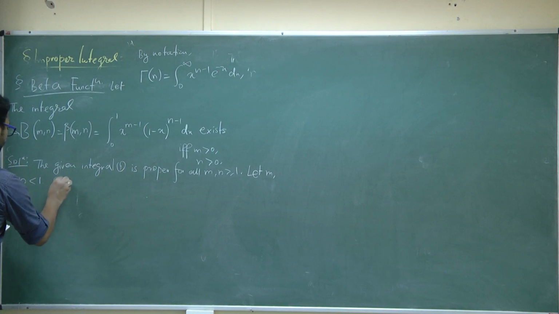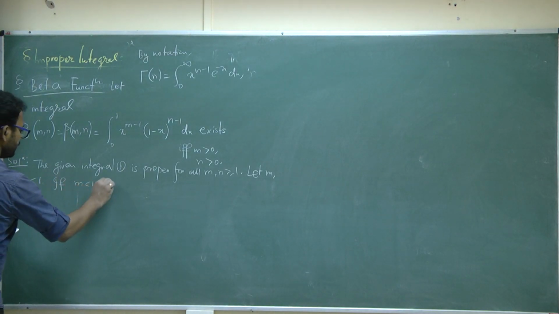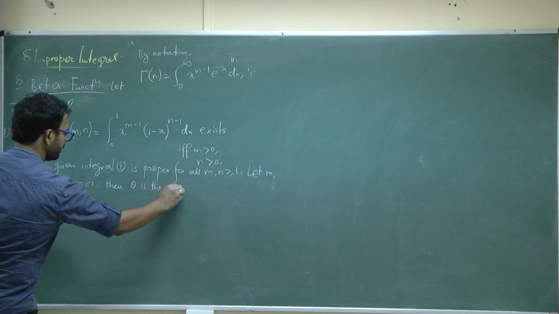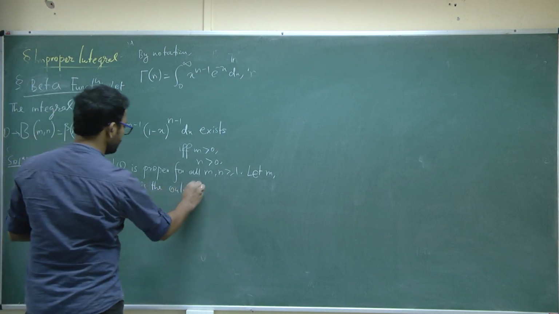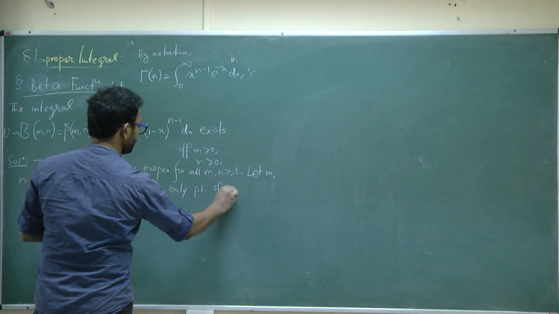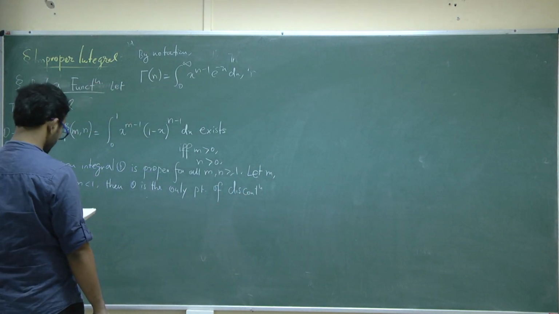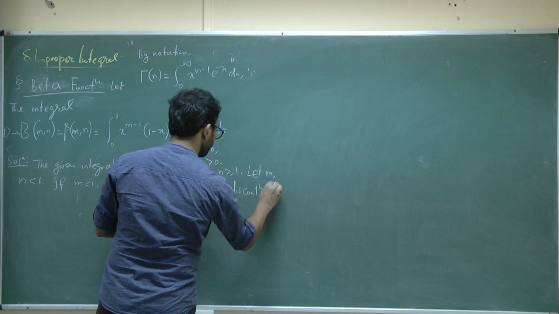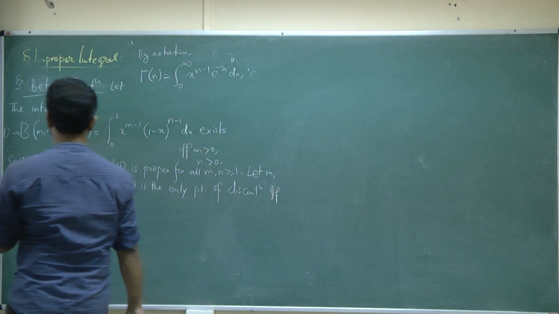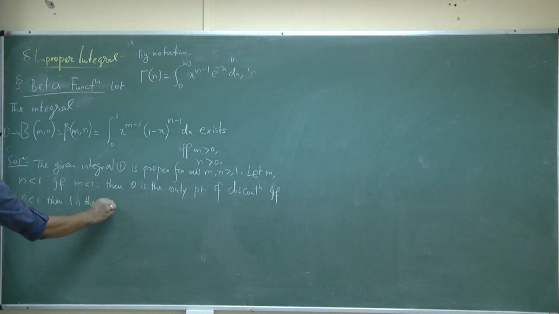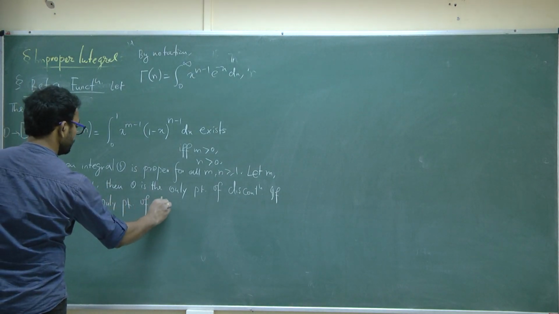So, if m is less than 1, then 0 is the only point of discontinuity, and if n is less than 1, then 1 is the only point of discontinuity.